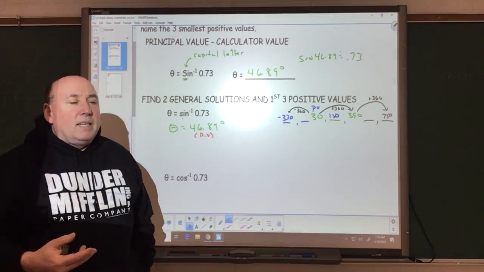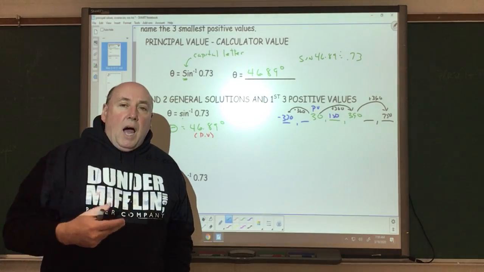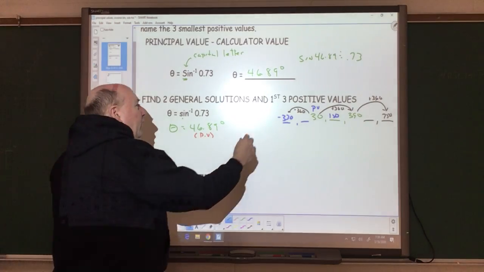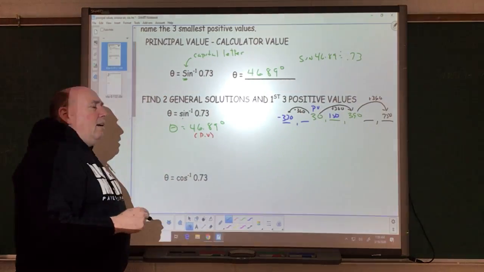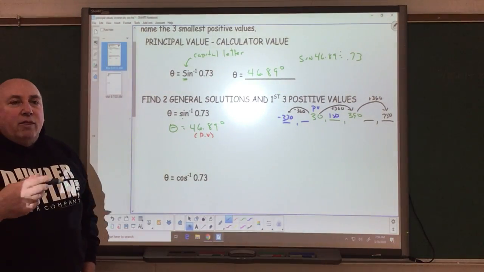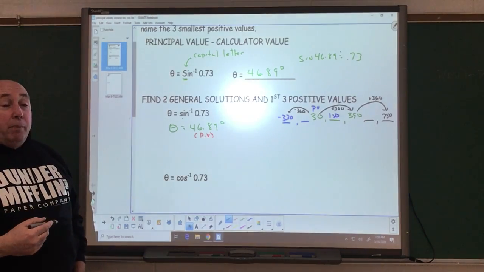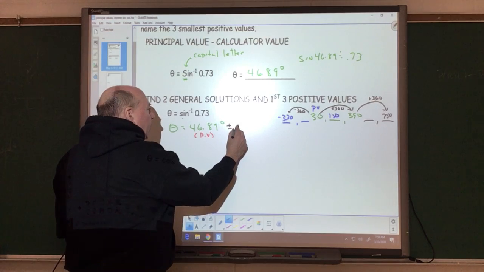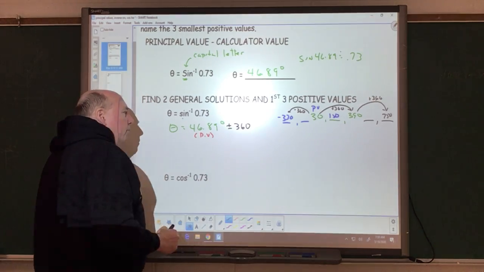Once again, if I would take the sine of 750 degrees, I would get 0.5. So every other value that we have here, we can add 360 degrees, which is the period. So we can either add or subtract 360 degrees.